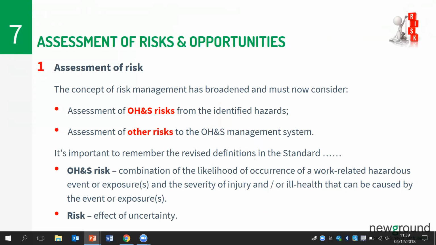So these risks are more traditionally related to business risks, such as peaks in workflow or restructure, or poor succession planning or economic change, those types of risks.